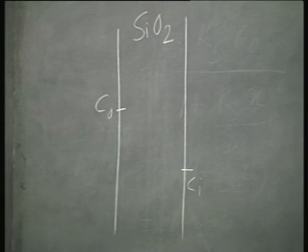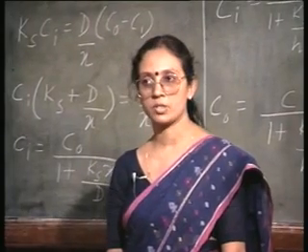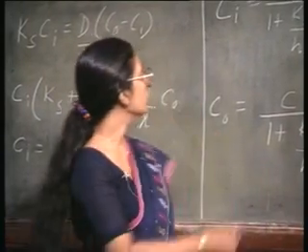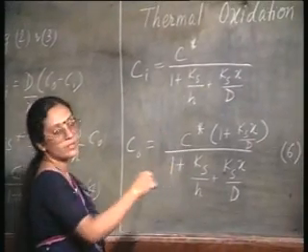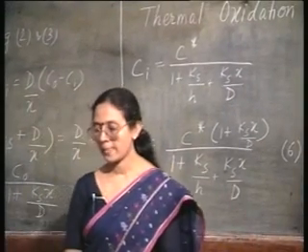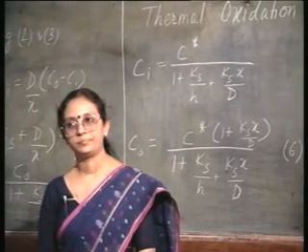Concentration of oxidizing species at the outer surface of the oxide and at the inner surface of the oxide. Now, from these relative expressions, what do we see?